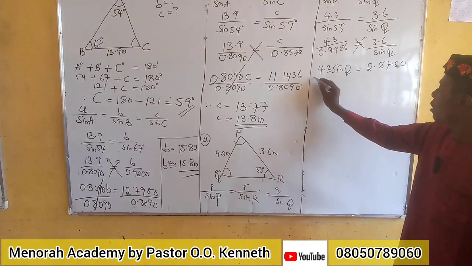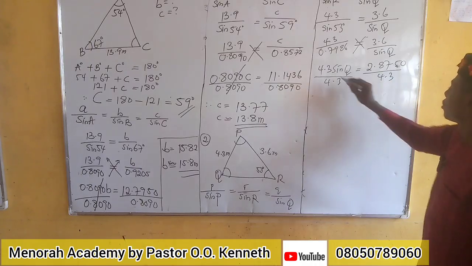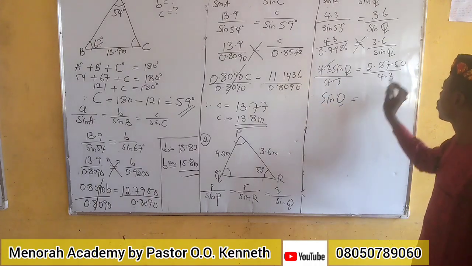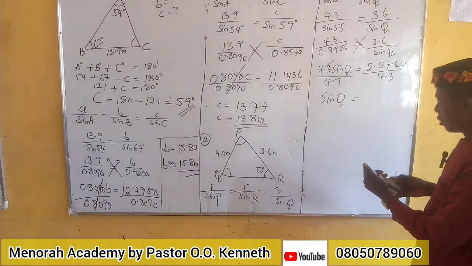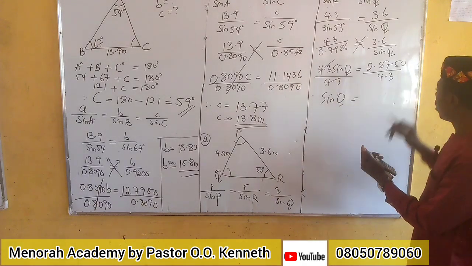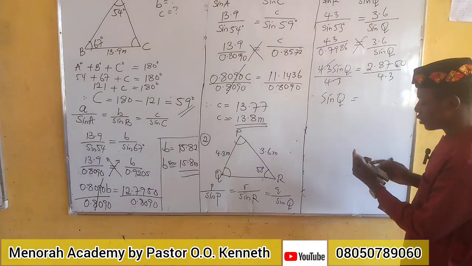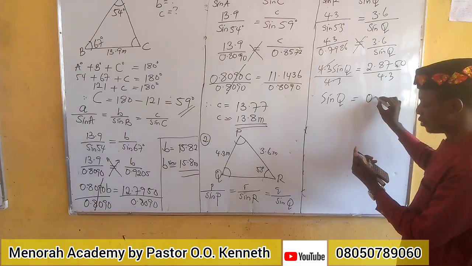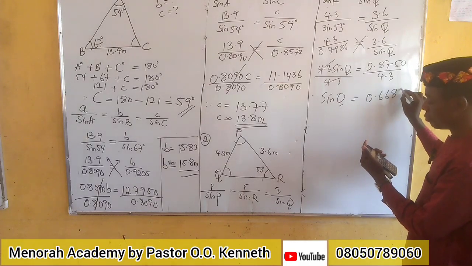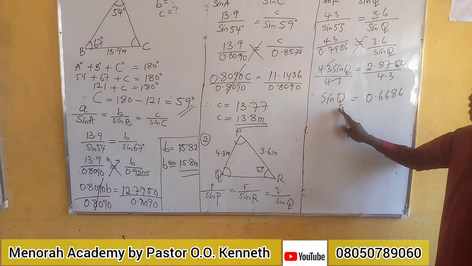Now we divide both sides by 4.3, so we are left with sine Q equals 2.874 divided by 4.3, which gives 0.6686.